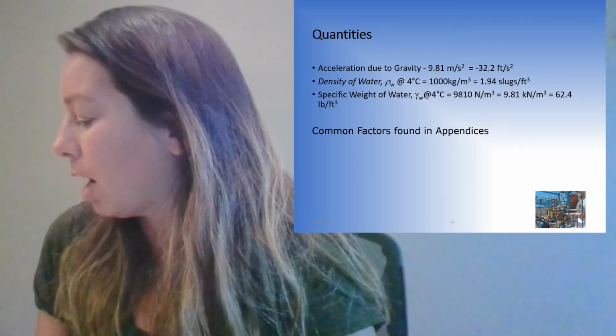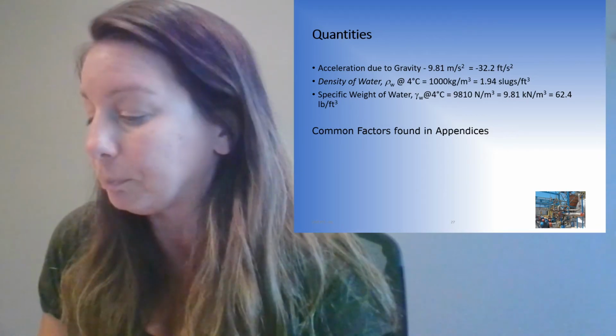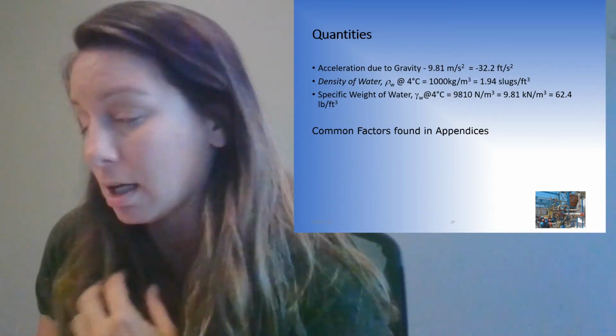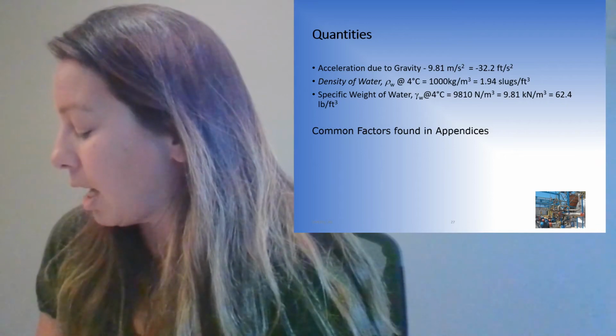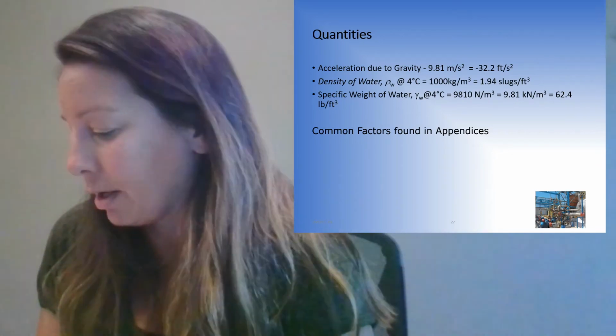There's also Appendix B, properties of common liquids, so it's got specific gravity, specific weight, density, dynamic viscosity, and kinematic viscosity. We'll get into that later on, of a bunch of different liquids in both metric and imperial.